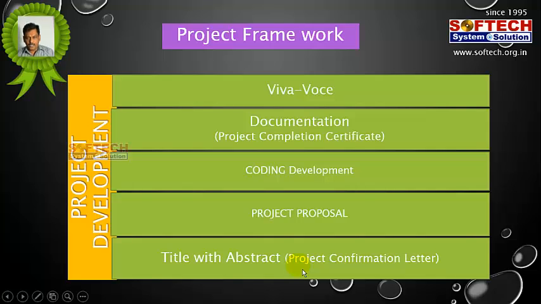So this is the project proposal, that is after the DFD and ER diagram. Then we find the components, languages, software, and future implementation. These are all the project proposal.